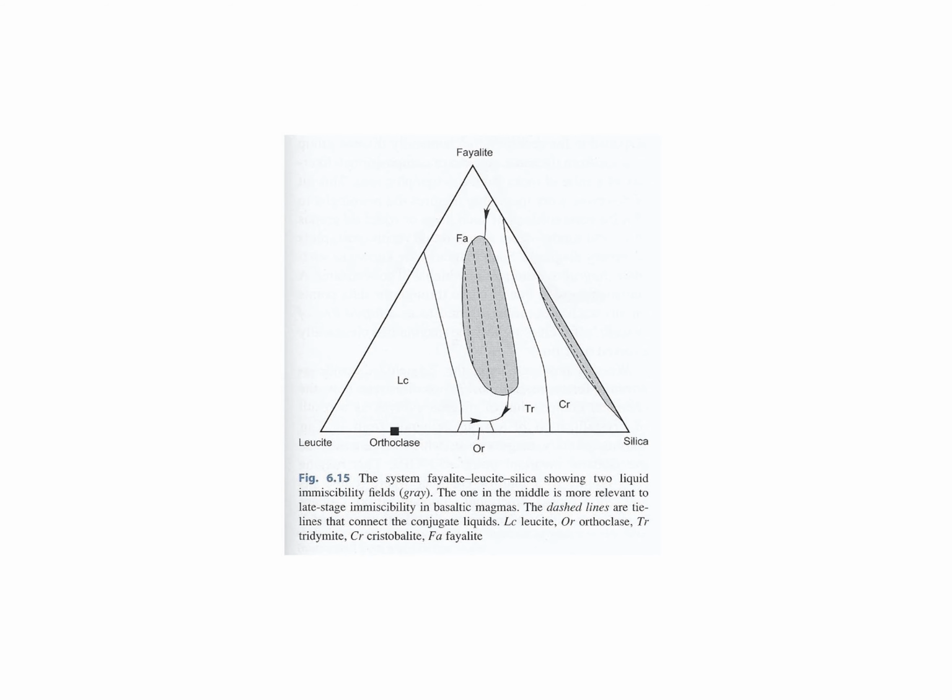Here we have this diagram, the system fayalite, leucite, silica, showing two liquid immiscibility fields. Here we have this liquid immiscibility field, and here we have the next one.